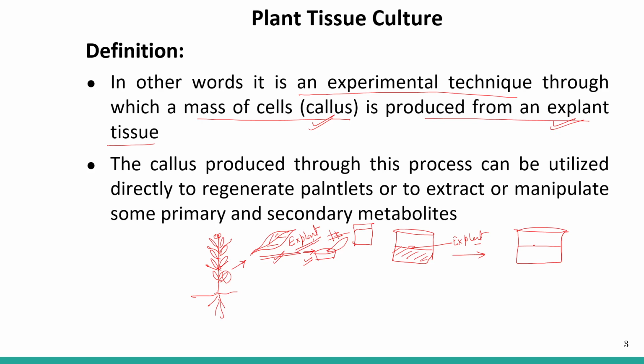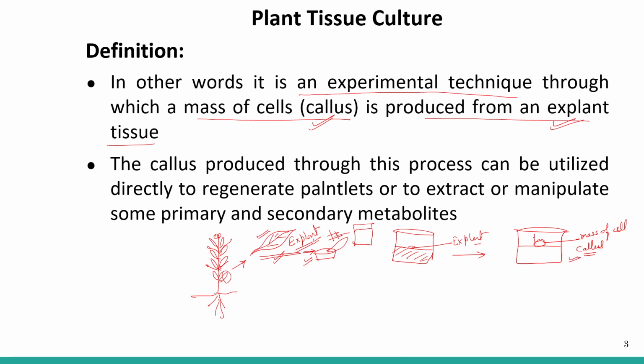We will see an undefined, uncontrolled mass of cells. This is the mass of cells, and it is called callus. So now you understand what is explant and what is callus.